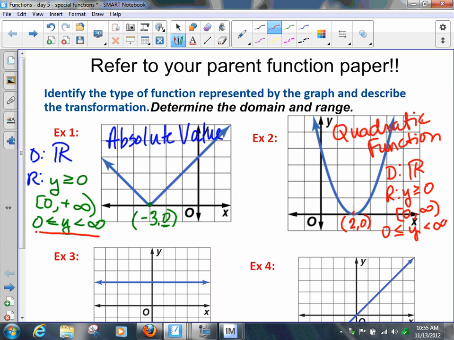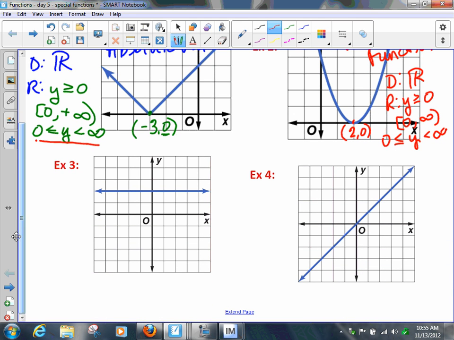What about 3? Now is when you need to refer to your sheet. What is this equation? It's a straight line. But it's y equals 2, right? Now, refer to that sheet that I gave you. What kind of special function is this?